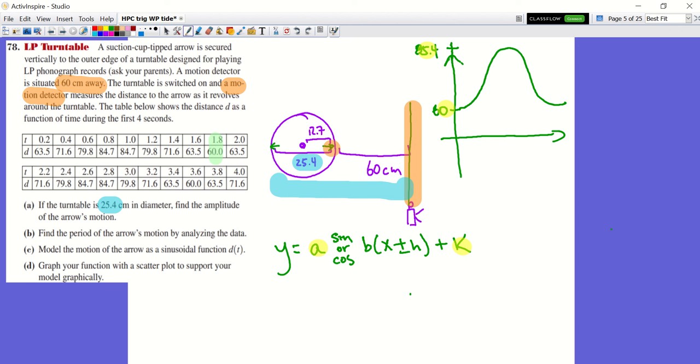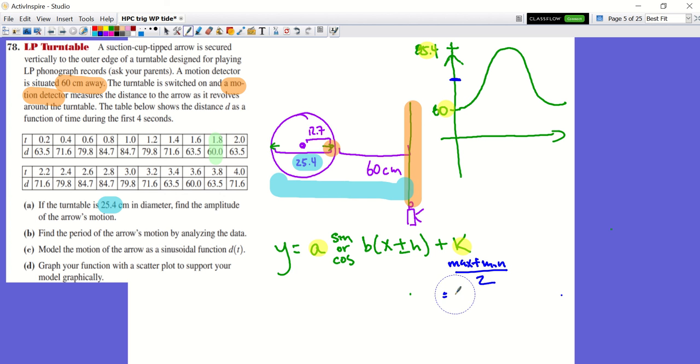Now, this is what we talked about last week: to find K, you do max plus min divided by 2, which will give you the midpoint here, okay?